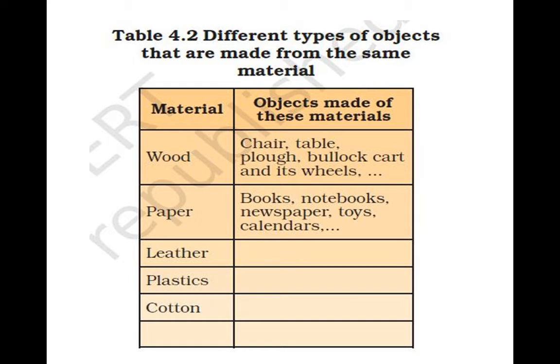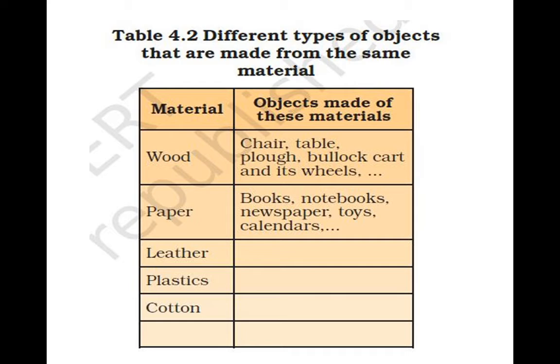Understood? Now in this session, one another new point we are going to learn, that is properties of materials. Many properties are there, but in this session we are going to learn only one property of material. Several objects can be made from a combination of several materials. For example, your pencil or your book.